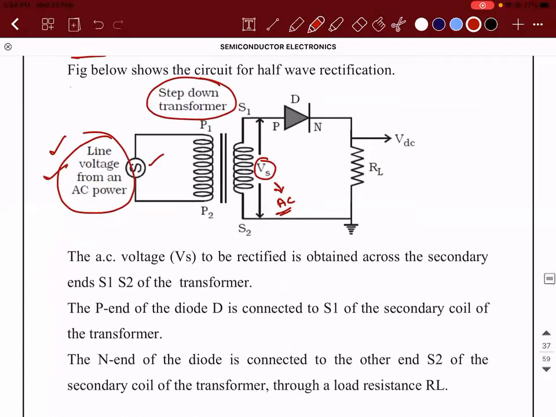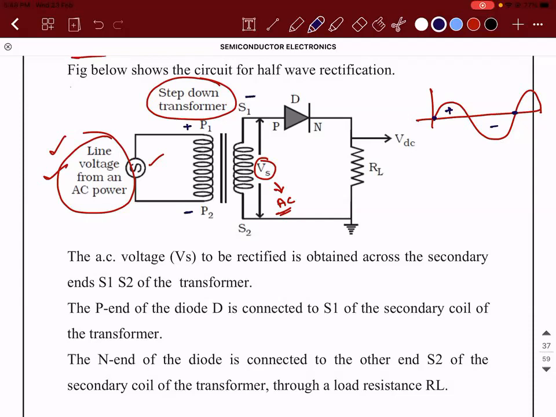Right? Now, when I take an AC voltage, if I take one particular cycle, I have a positive cycle and a negative cycle. So during the positive cycle, if I say P1 is positive and P2 is negative, then what will be the nature of the sign that is going to be present at the S1 and S2 side?